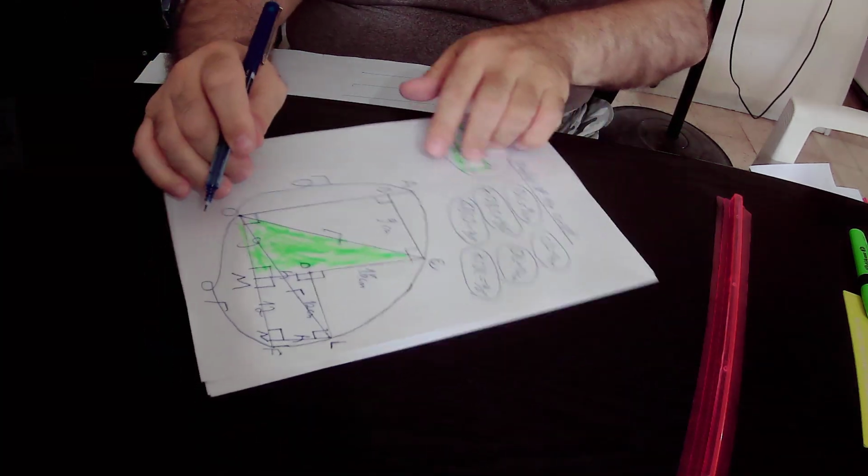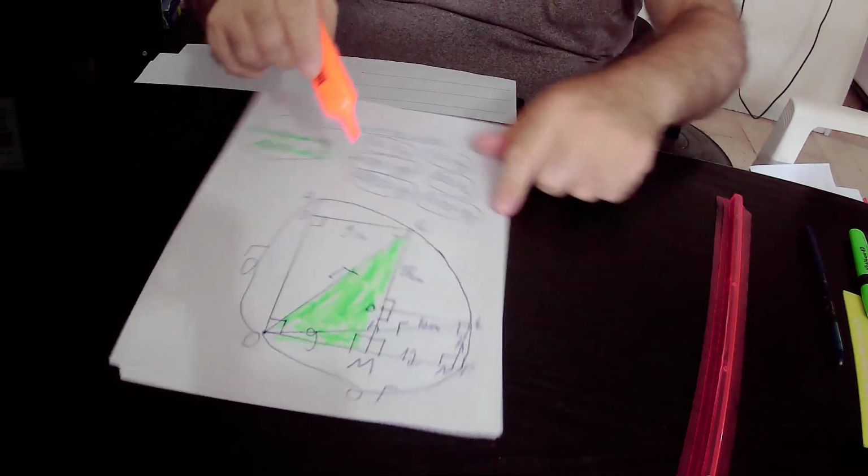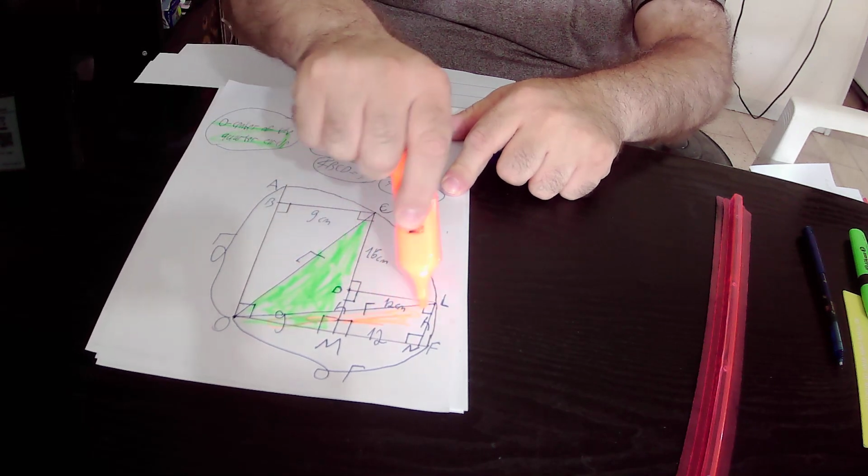In the next step, we'll implement the Pythagoras theorem on the right orange triangle, triangle ONL.